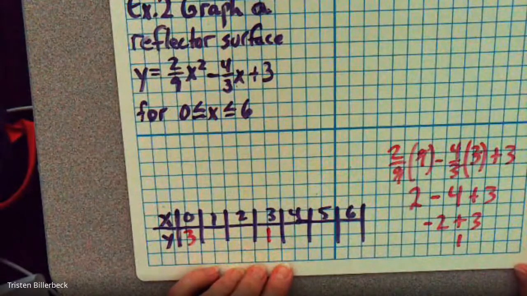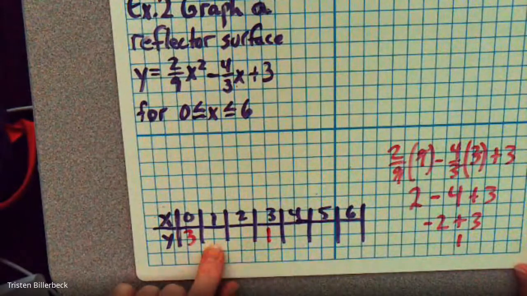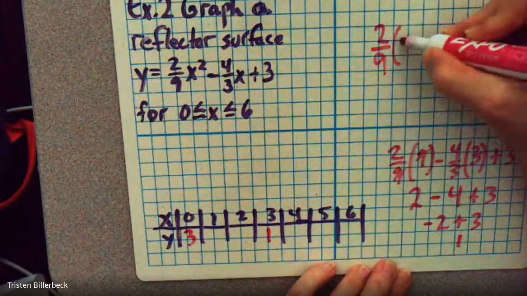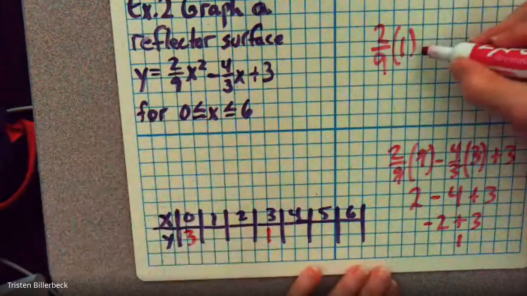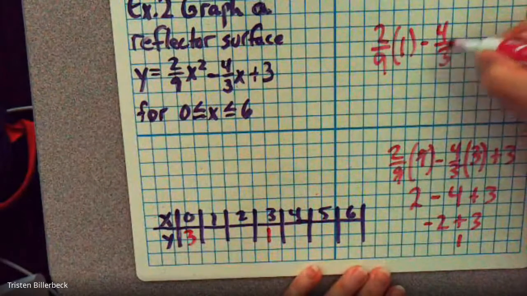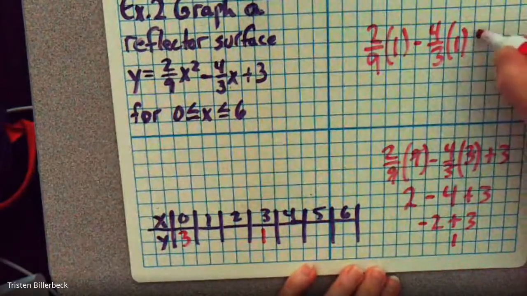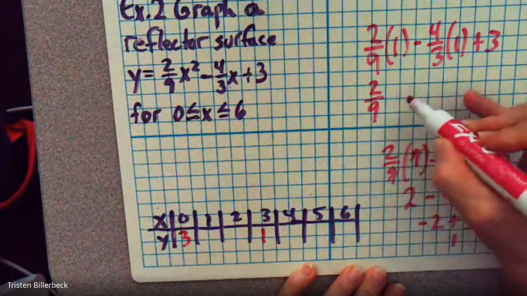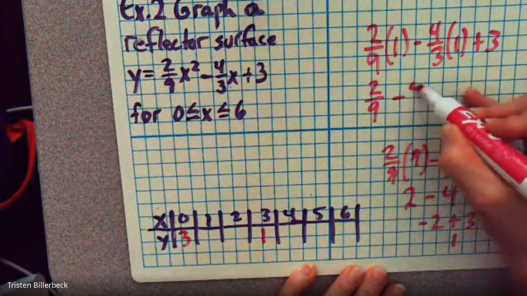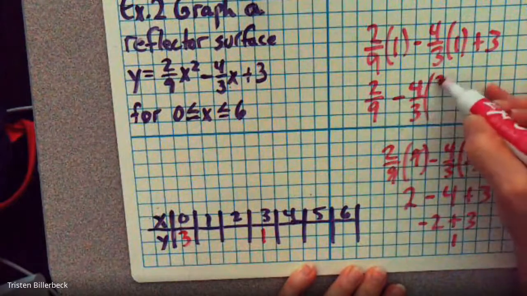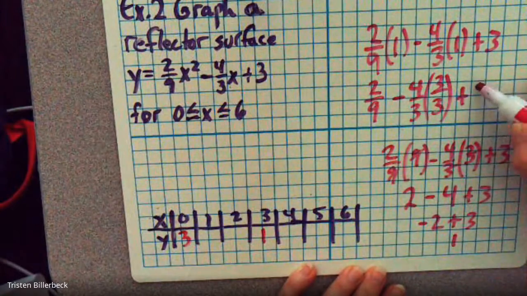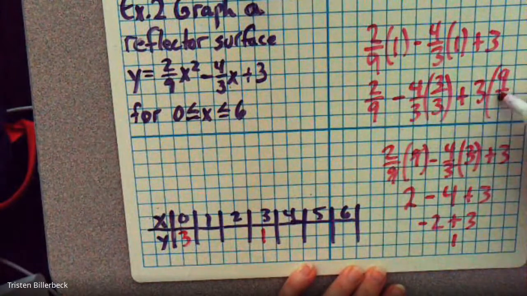If you haven't figured that out, let me show you 1, and then you'll feel my pain. Okay, so I have 2/9 times 1, because 1 squared is 1, minus 4/3 times 1, plus 3. Okay, so I have 2/9 minus 4/3, which I have to now make the same denominator, plus 3, which I have to make the same denominator.